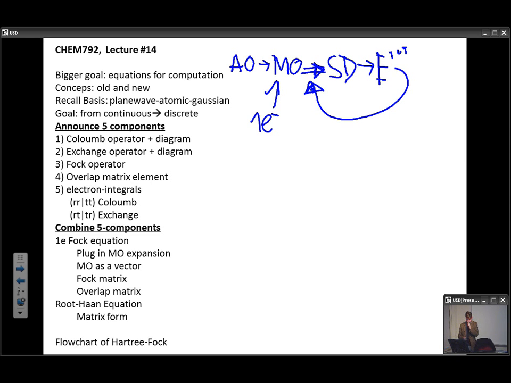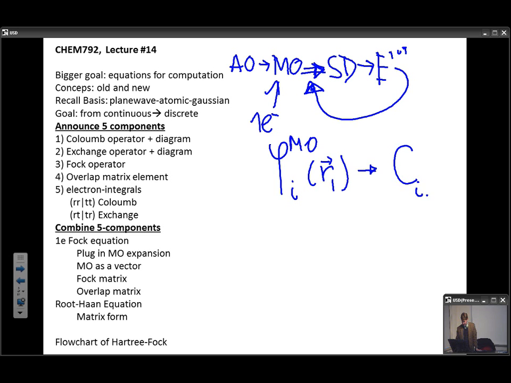So what we are going to do, we are going to switch from continuous molecular orbitals, which depend on the position of only one electron, to a set of discrete coefficients.